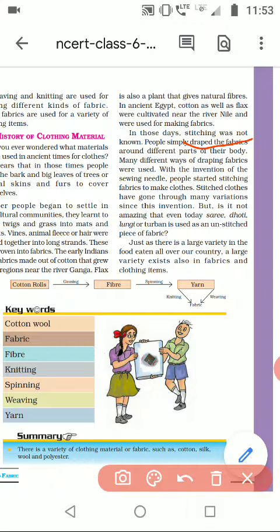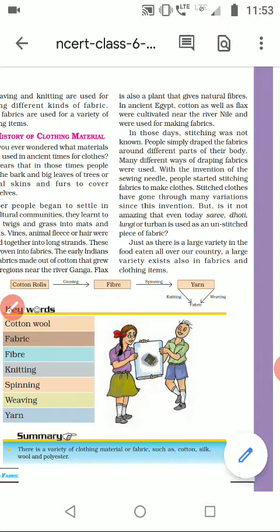Later on, when the needle and the sewing machine were discovered, they started cutting this fabric and designing different clothing materials using different types of fabrics. But still now we know that the dhoti, lungi and saris are worn unstitched.